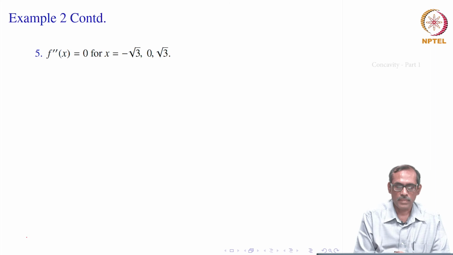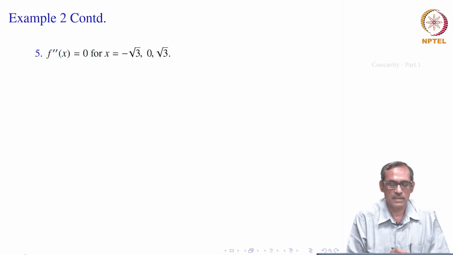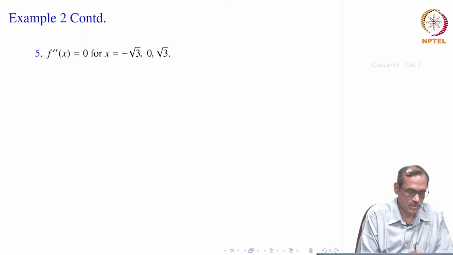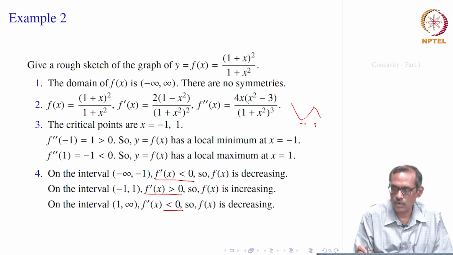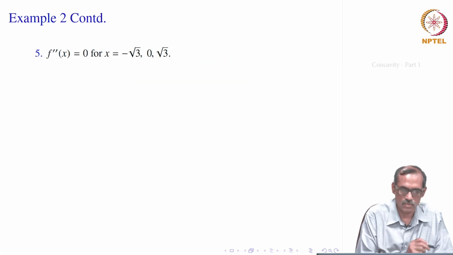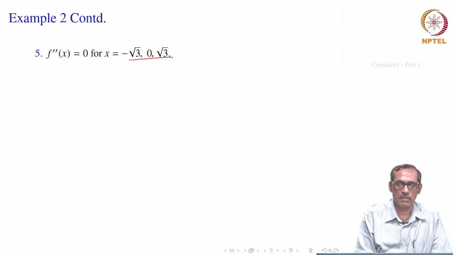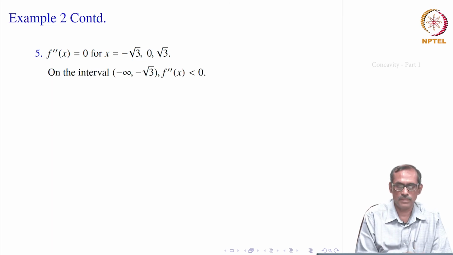Okay. Now, let us look at where f double prime vanishes. So, as you see, f double prime is 4x into x square minus 3. So, this is equal to 0 when x equal to 0 or x equal to plus or minus root 3. So, these are the points where f double prime x is 0. So, we should look at the intervals these points create.